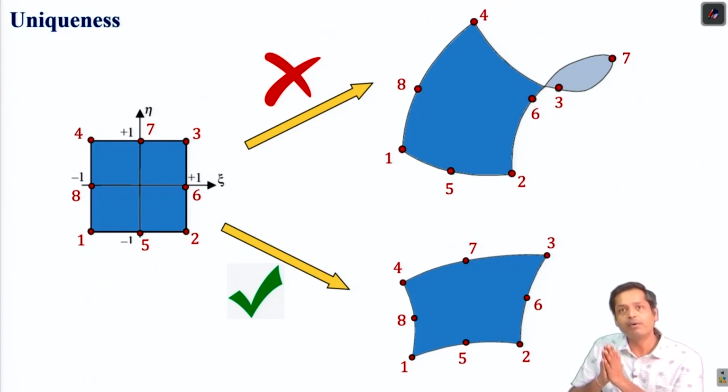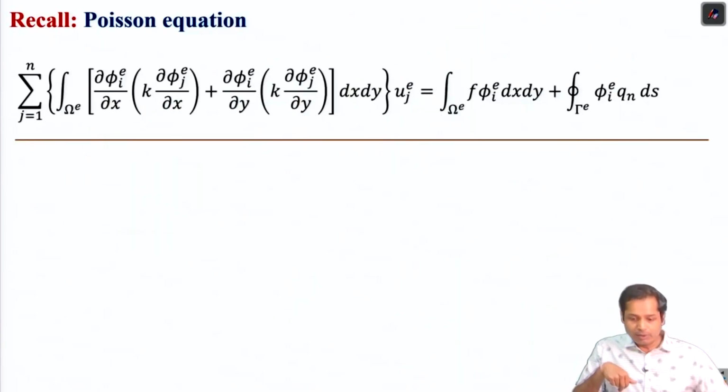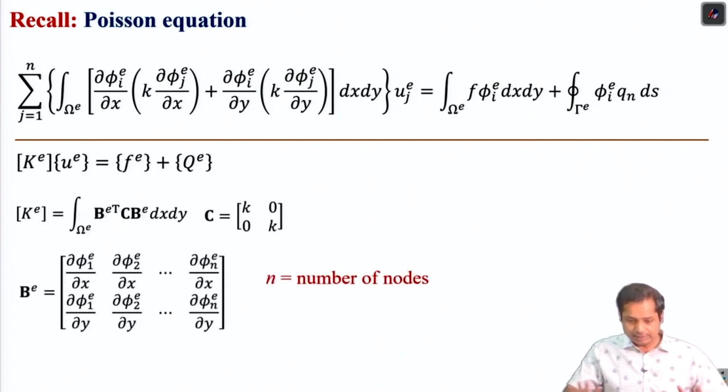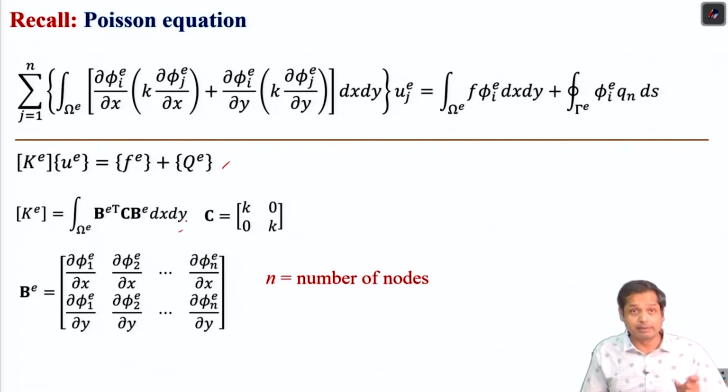Okay, so we understand the concept now. What we will do is integrate that concept into the equation and see what the final equation looks like. If you recall, this was our weak formulation. It was the element level equation, and this is how the coefficient matrix is written.